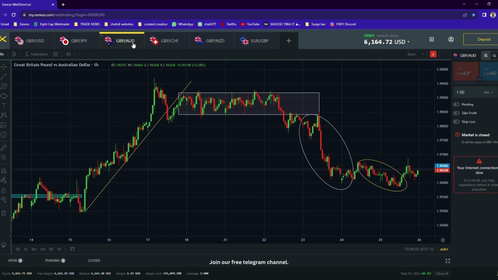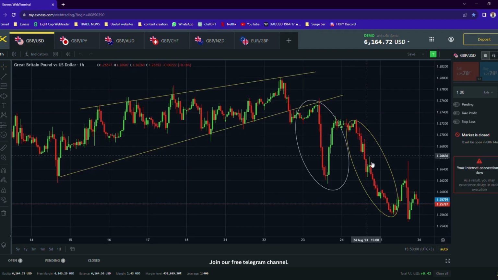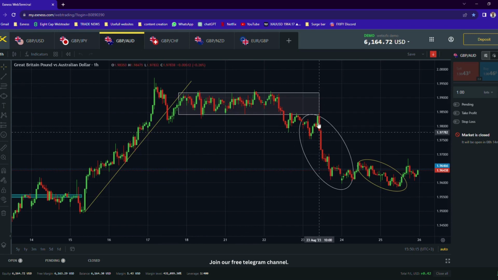There was a power struggle between GBP and AUD, so it created a range on 24th. Though GBP USD was moving down, a very impulse move on 23rd, and AUD also had that same impulse move, which caused GBP AUD to create a range on 24th. So that day, GBP AUD had no opportunities to open positions.